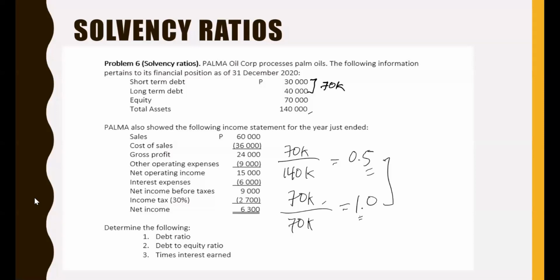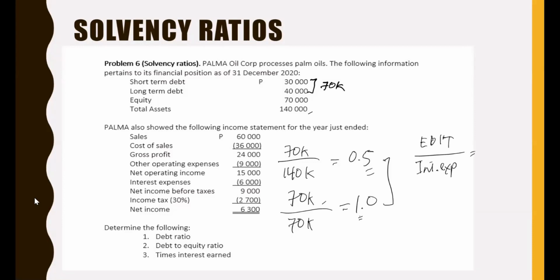Anyway, yun. So, for debt ratio and debt to equity ratio, both of them tell you the same thing. Okay? It pertains to the composition of the capital, so debt or equity. For times interest earned, the formula is earnings before interest and tax, or EBIT, divided by interest expense.